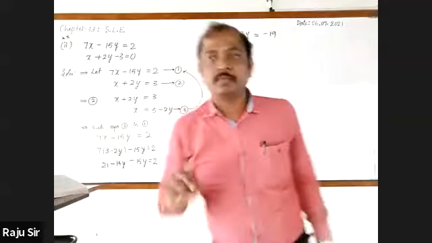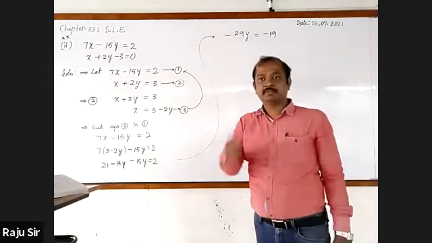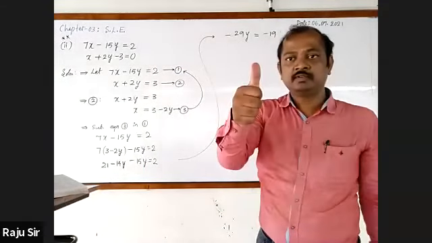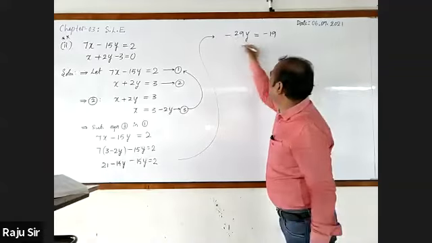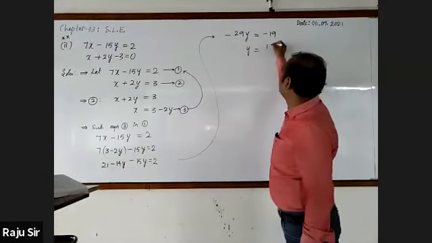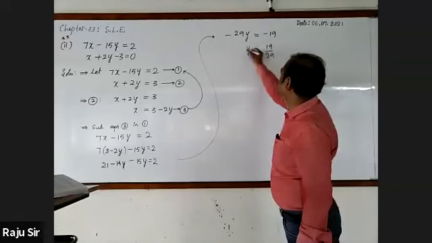Minus 19. Varsha, have you got the same? Y is equal to 19 by 29, sir. Yes, minus minus gets cancelled. y is equal to 19 by 29.